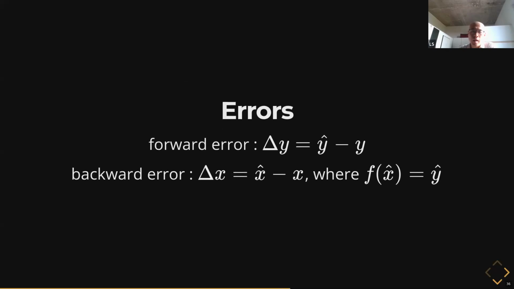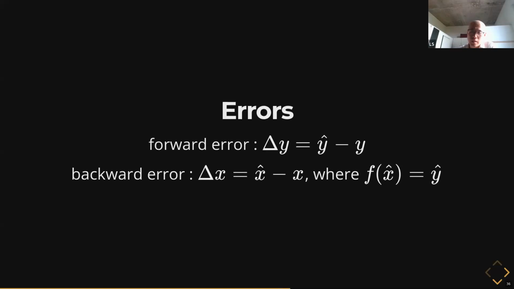So there are basically two kinds of data errors. One is called a forward error. The other one is called a backward error. The forward error is the difference between the estimated outcome, y hat, and y.